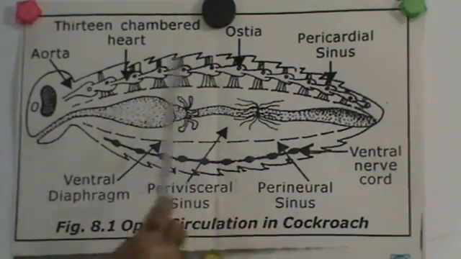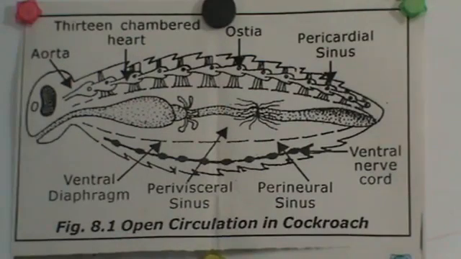Then the heart contracts and the ostia close to prevent the backward flow of hemolymph to the pericardial sinus.